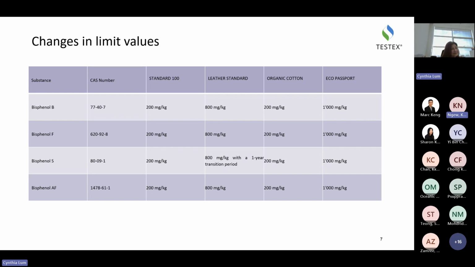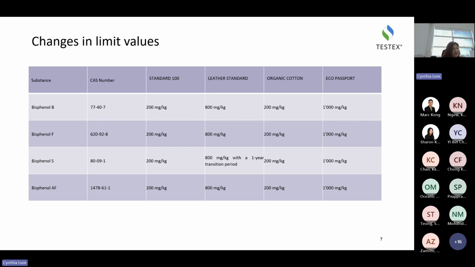May I know how you judge when you need to change your limit? Because I saw the substances listed over here include bisphenol B, bisphenol F. So how do you judge when you need to change your limit?